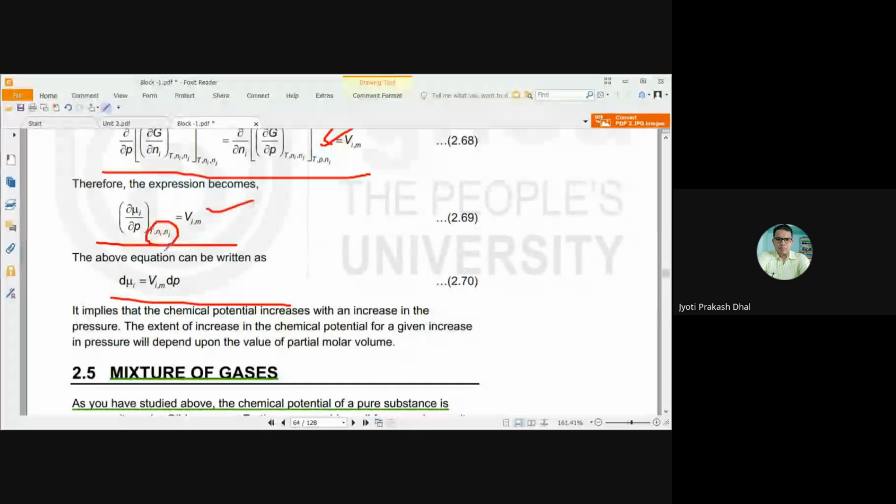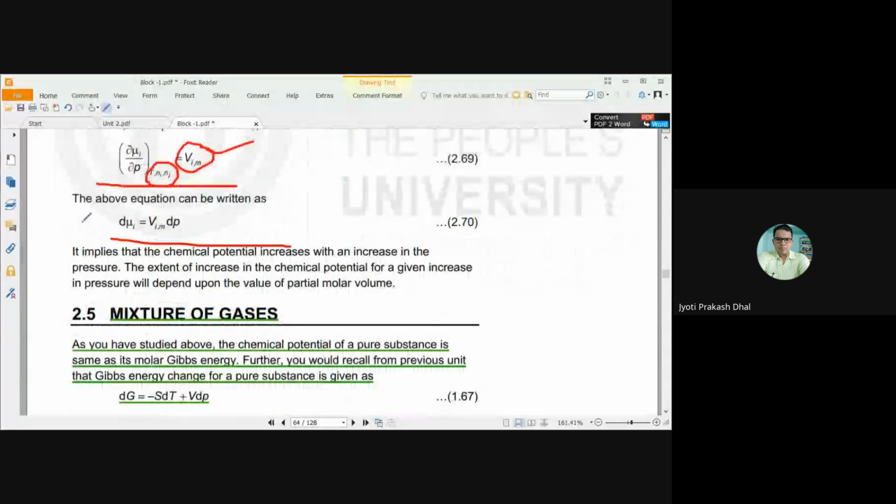But if temperature varies, keeping pressure and number of moles constant, that will become minus Si,m, the entropy. But when pressure changes, maintaining temperature and number of moles of all the components, the term will become the partial molar volume, Vi,m. The above equation can be written as dμi equals Vi,m dP.